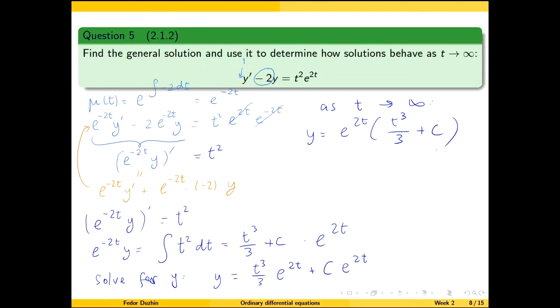I think it's quite clear that this whole thing approaches infinity, this whole thing approaches infinity, so y approaches infinity. So the answer is: this is the general solution, and as t goes to infinity, all solutions approach infinity.